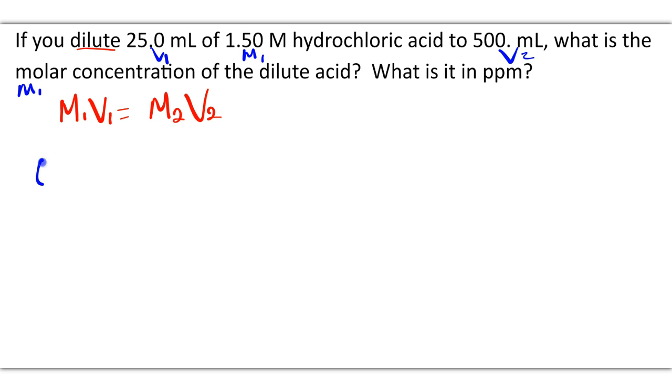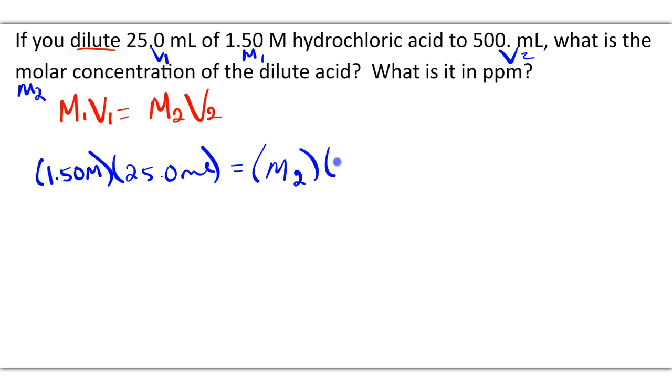My M1 is 1.50 molar times my V1, which is 25.0 milliliters, is equal to, I don't know my new molar concentration, should be a M2. But my new volume is supposed to be 500 milliliters.